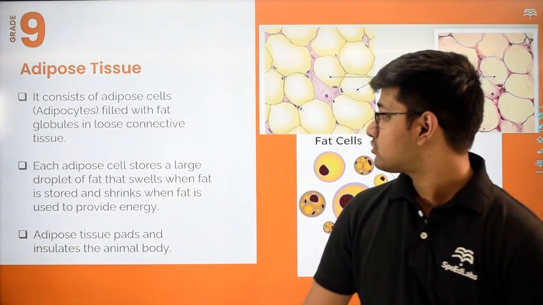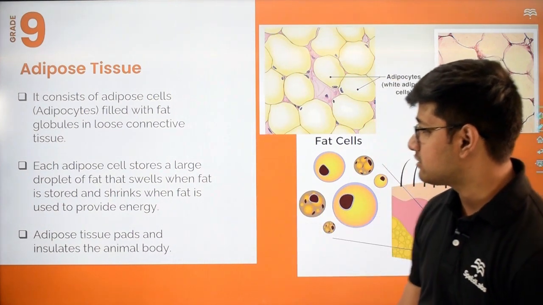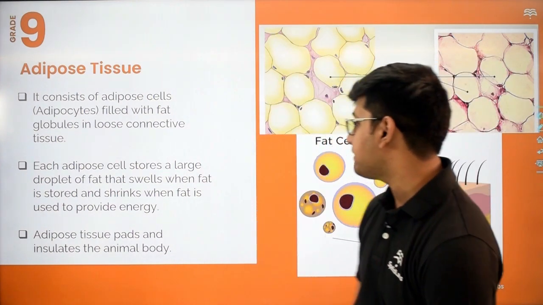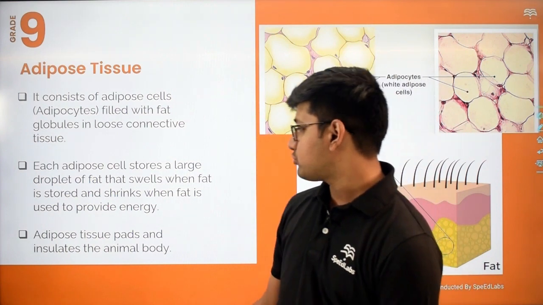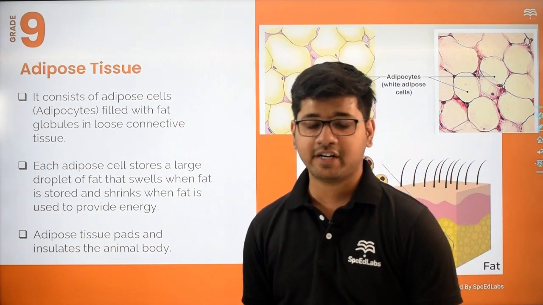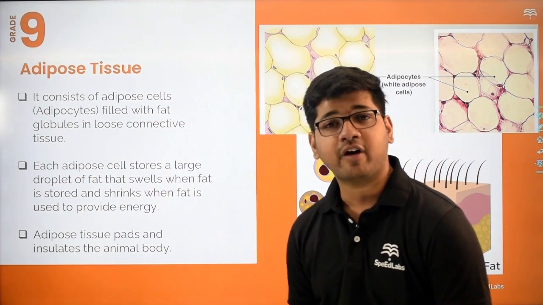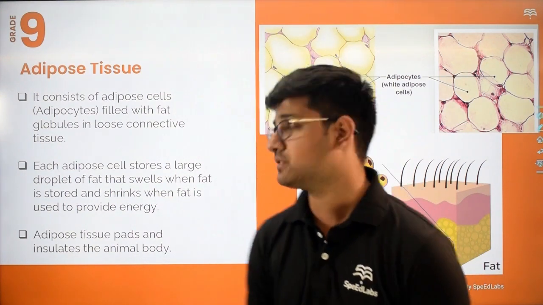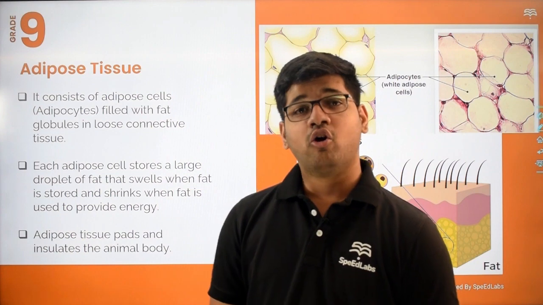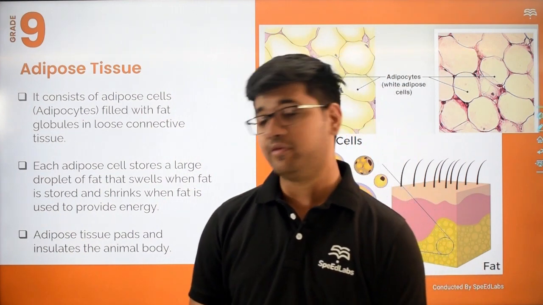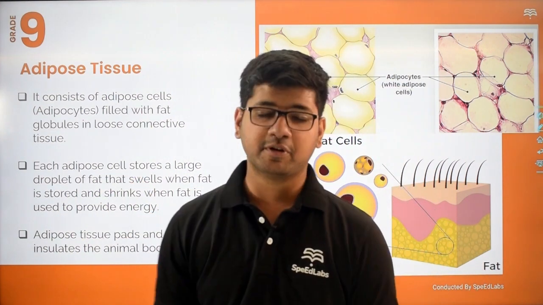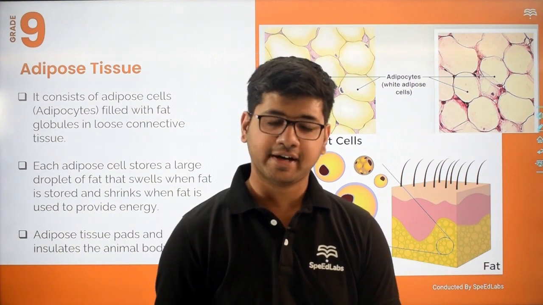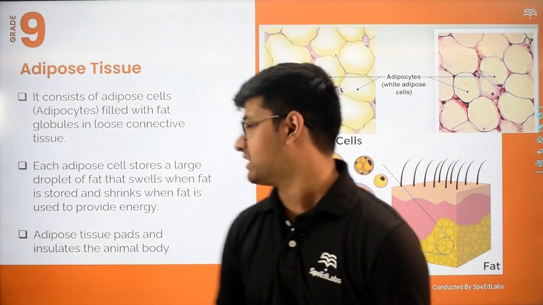All right, so each adipose cell stores a large droplet of fat and swells and shrinks when fat is used up. So it swells up when fat is in excess in a particular person, and shrinks when the fat is utilized and required, and the cells get shrunk.